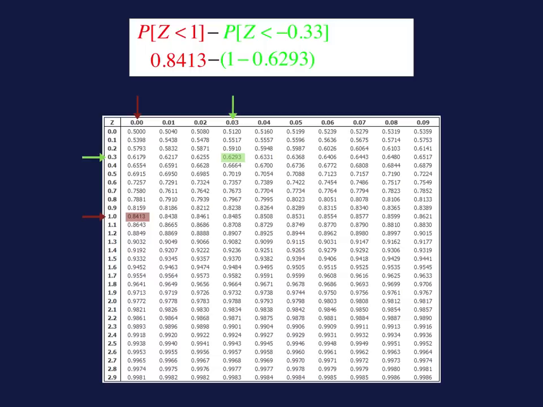That'll be the area to the left of negative 0.33, since it's the area to the right of positive 0.33. And we get the answer of 0.4706. Okay, so that's how you do probabilities between two numbers.